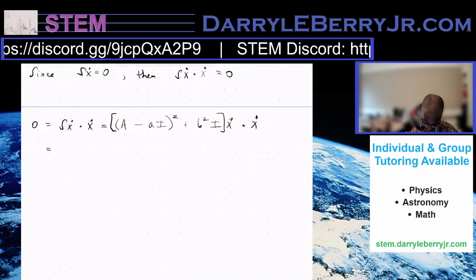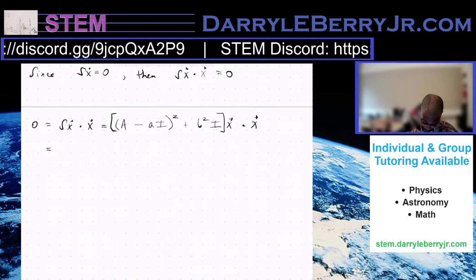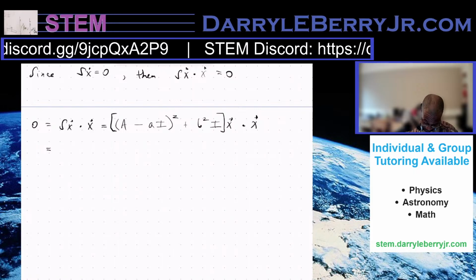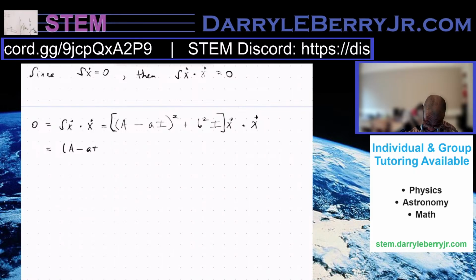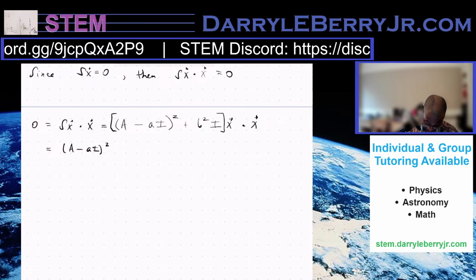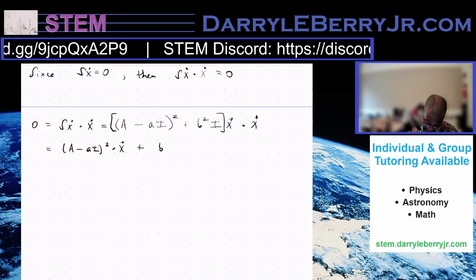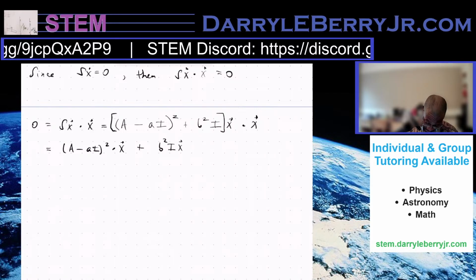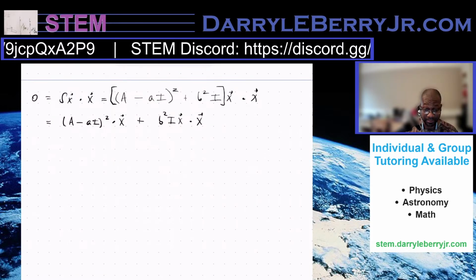So we're using a property of dot products where if one of the things are summed, you can go x minus ai squared dot x plus b squared I x dot x. So this is what they did for the next step.